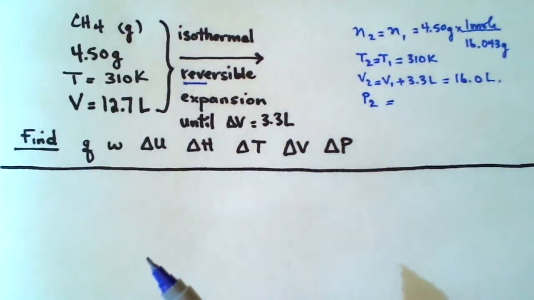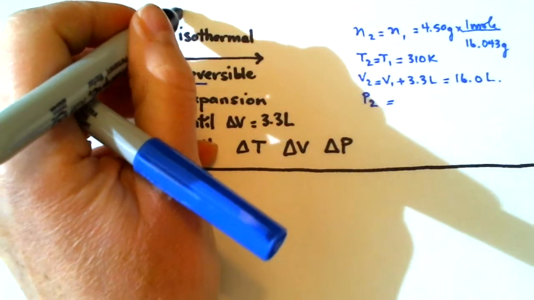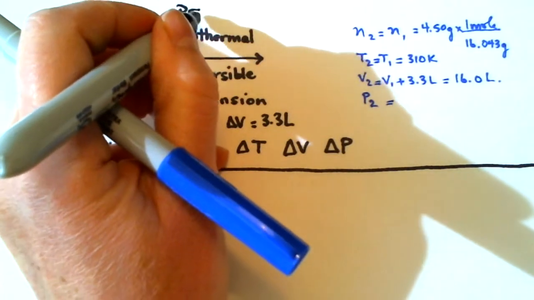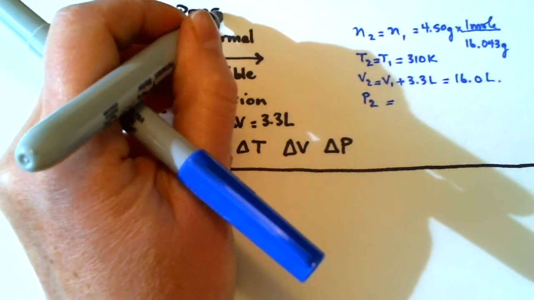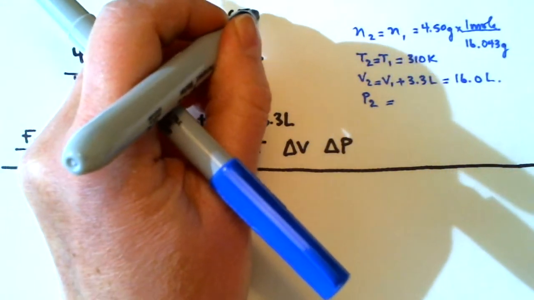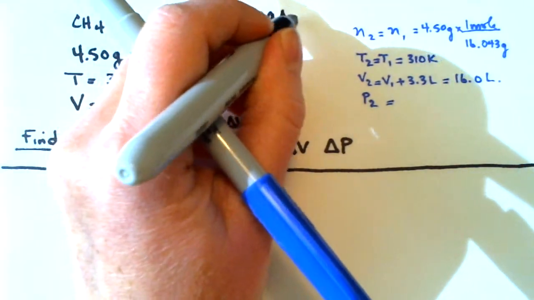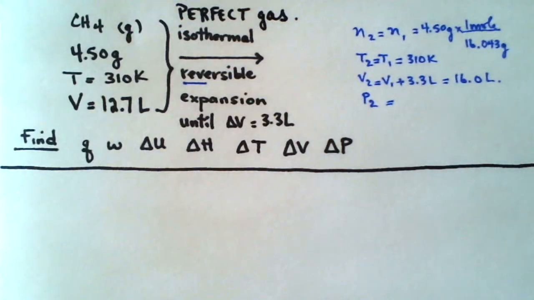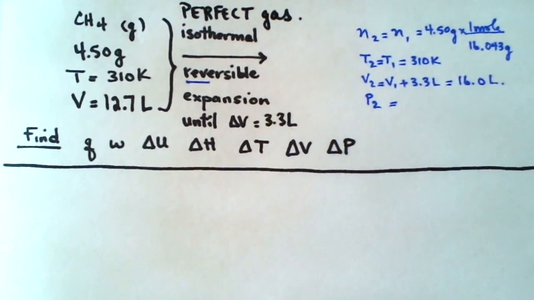one more thing to add to the given, and that is that methane is behaving as a perfect gas. In other words, it's not a van der Waals, or I don't have to work with the compression factor information.